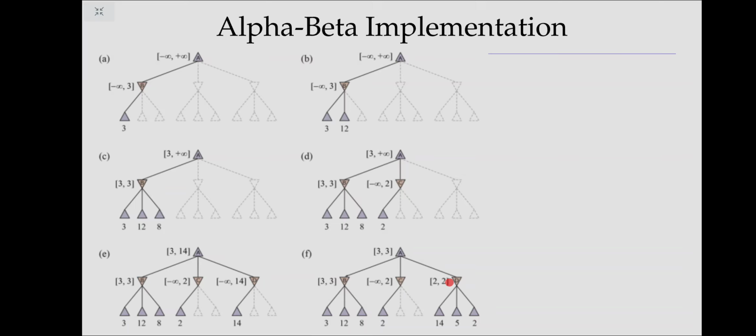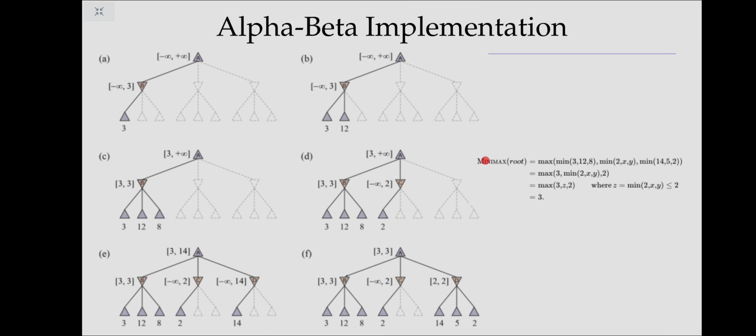The min operator gets the minimum over 14, 5, and 2. 2 is received, but because 2 is less than 3, we cannot permit choosing the corresponding action, and the algorithm terminates with 3.